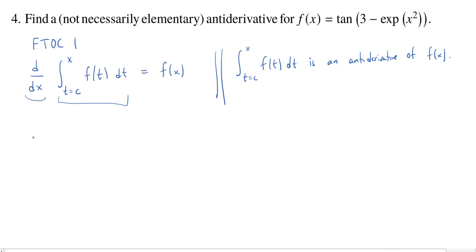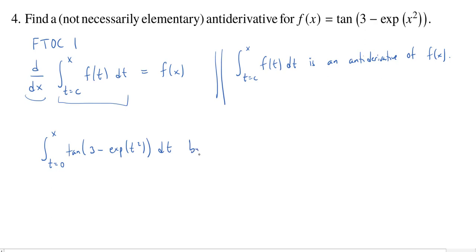So all I have to do is say that the integral from, let's say, 0 to x of tangent of 3 minus e to the t squared, except we want a t now, right? We're on the inside of this integral, and we're going to integrate with respect to t.